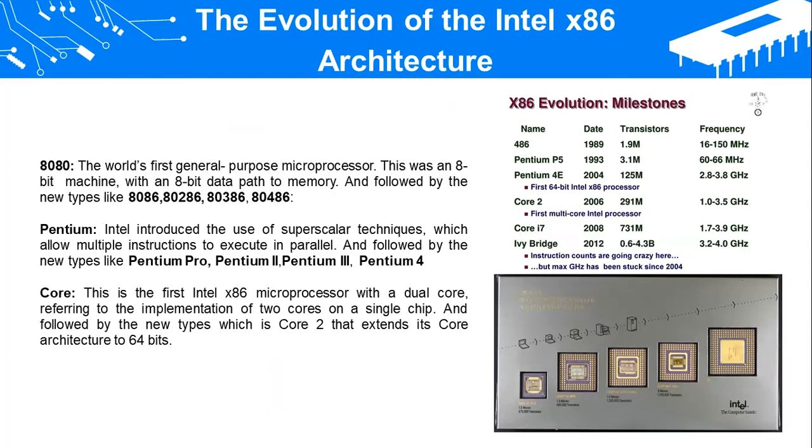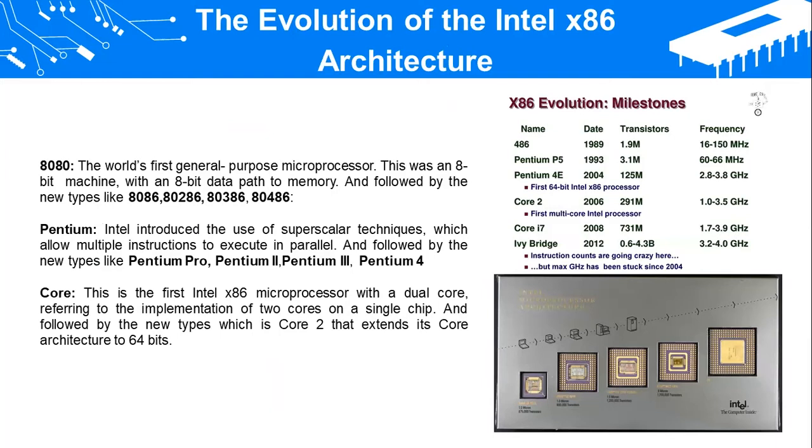And then I will explain the evolution of the Intel x86 architecture. As we know, Intel launched their first architecture, called x86 architecture, because for every product they launched at that time, the last number was always 86.